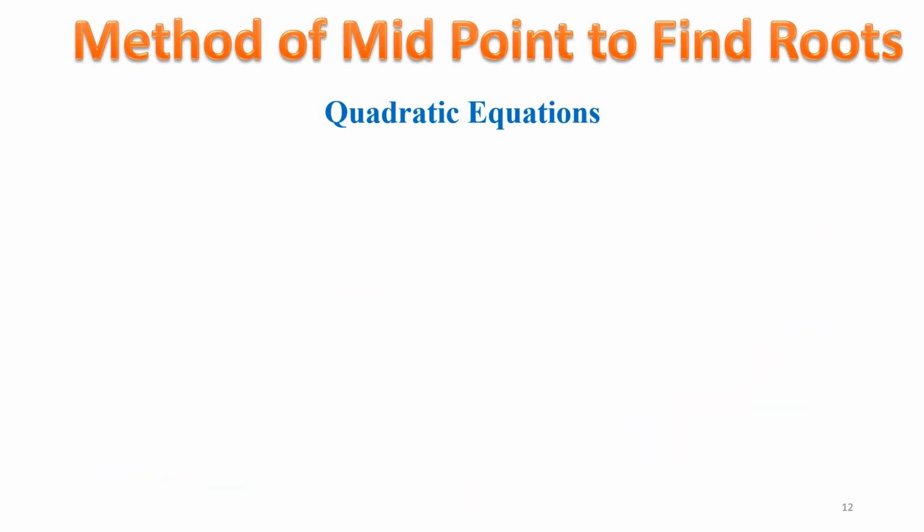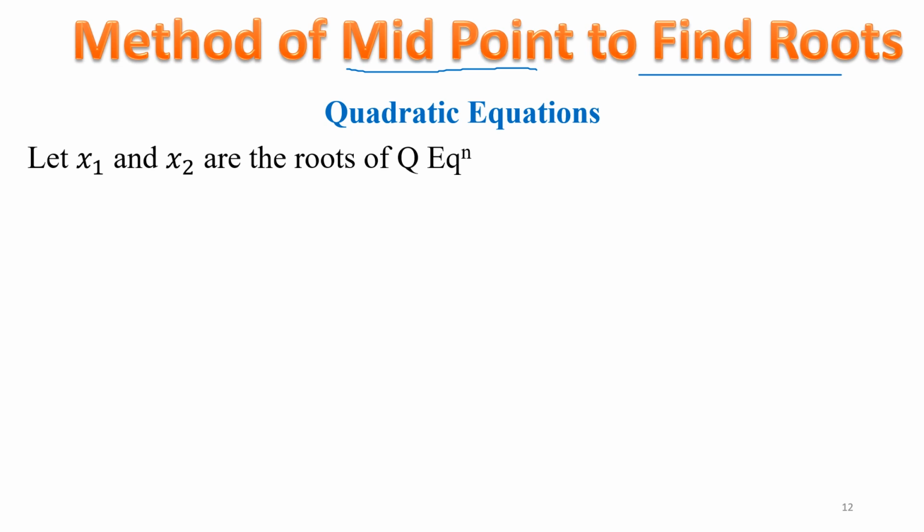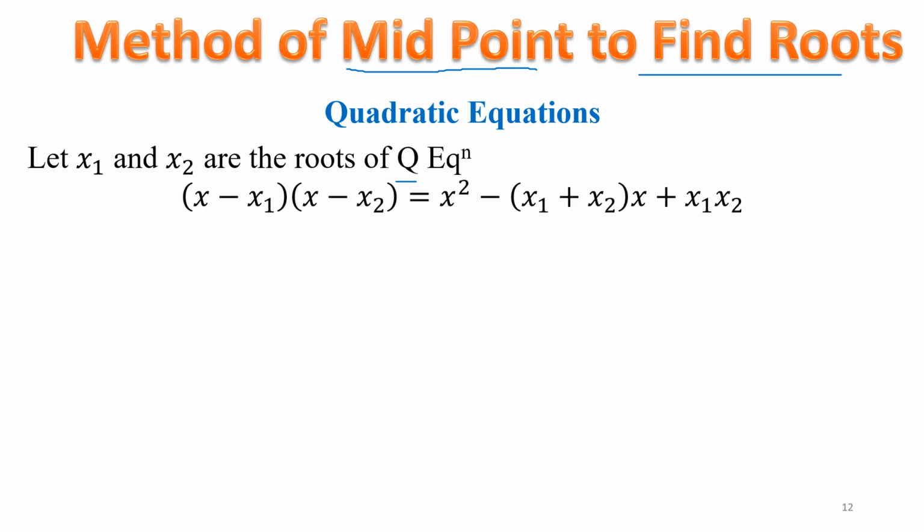Now we shall understand this method of midpoint finding, and then from the midpoint we can reach the roots of the equation. Let us suppose that x1 and x2 are the roots of the equation. I am talking about a quadratic equation. So (x minus x1) into (x minus x2), I will be able to raise my quadratic equation with this, and that is what I am doing.